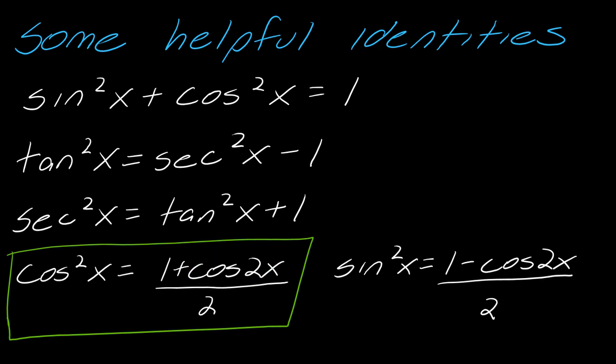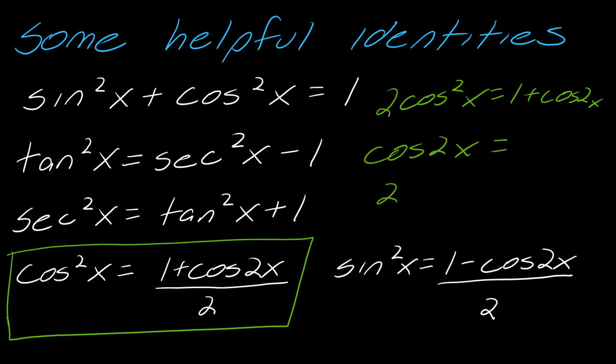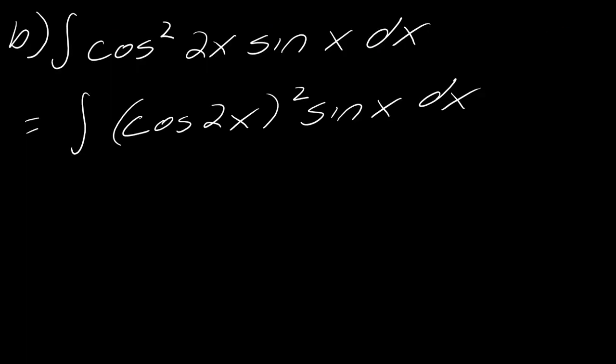If I wanted to solve for cosine 2x, that would be 2 cosine squared x equals 1 plus cosine 2x. So check this out. Cosine 2x then equals 2 cosine squared x minus 1. Okay, so let's replace this cosine 2x with that identity.